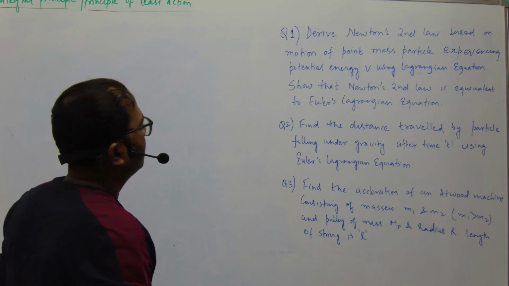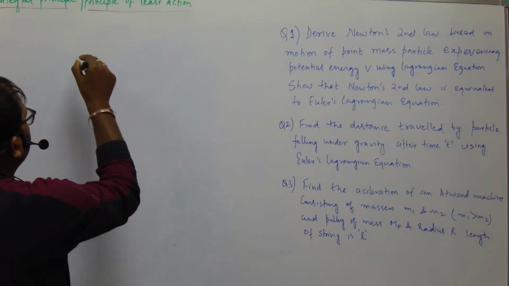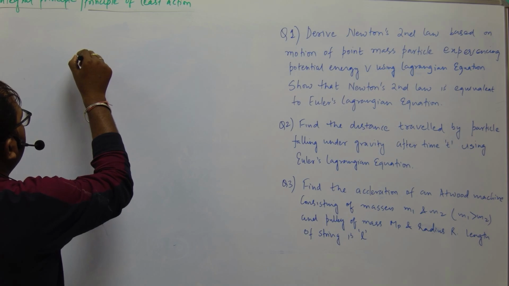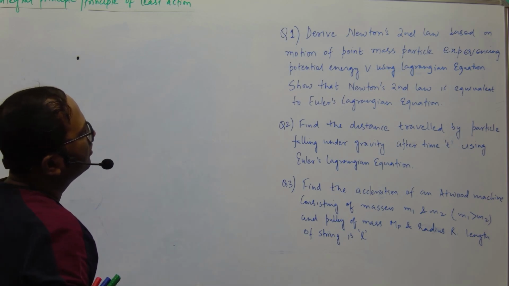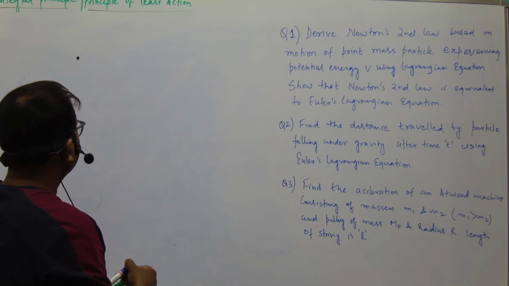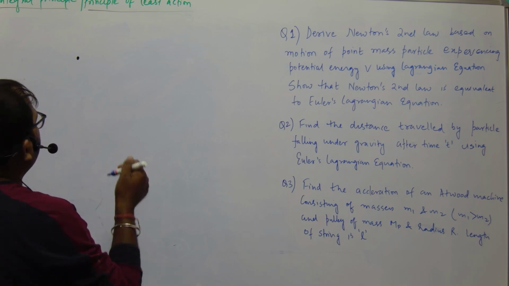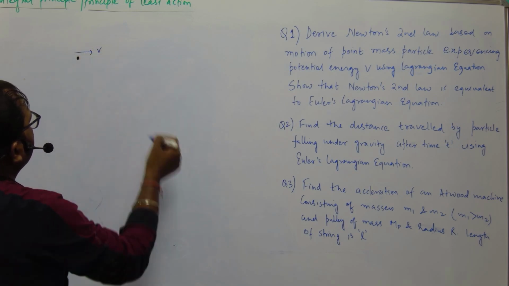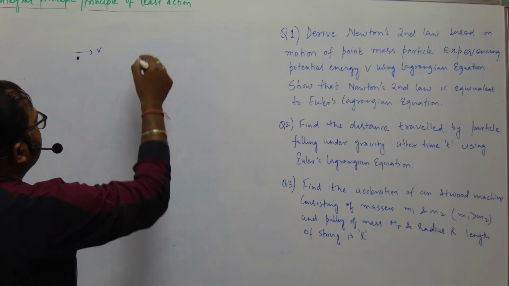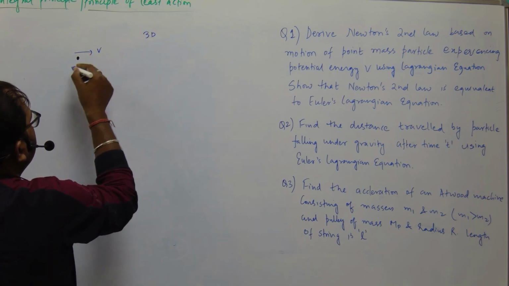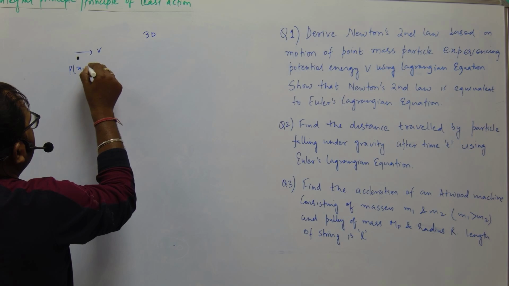Let us take a point mass particle experiencing a potential energy V. Let us take the velocity of this particle as v, and we are assuming it is in 3D space. So let us take the coordinates of this particle as x, y, and z.